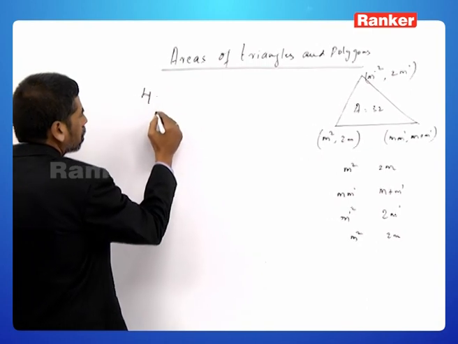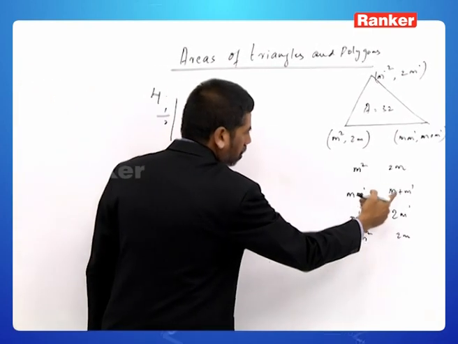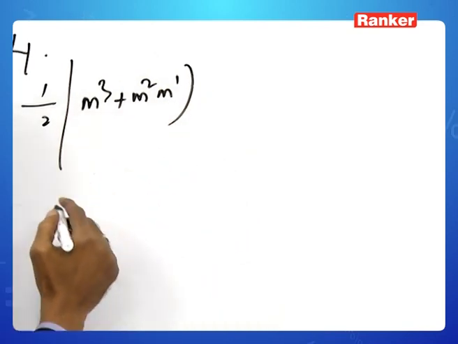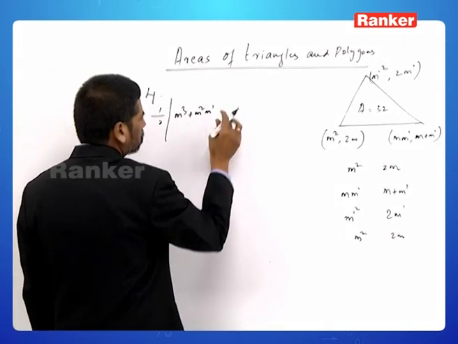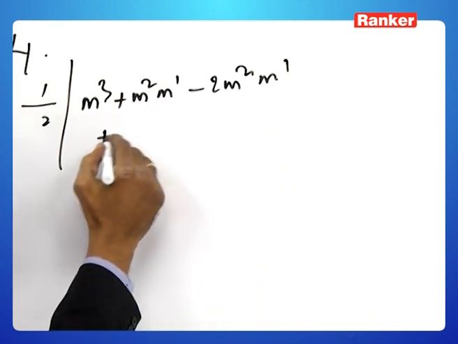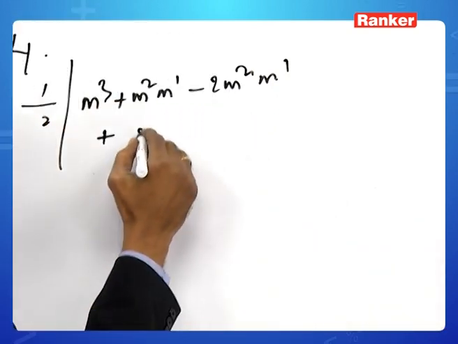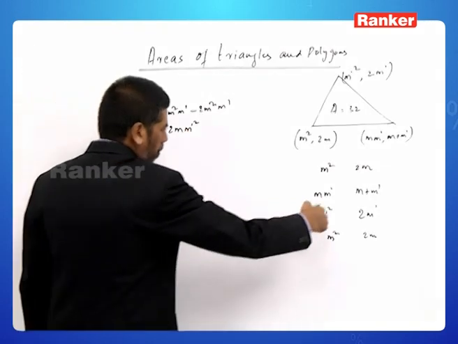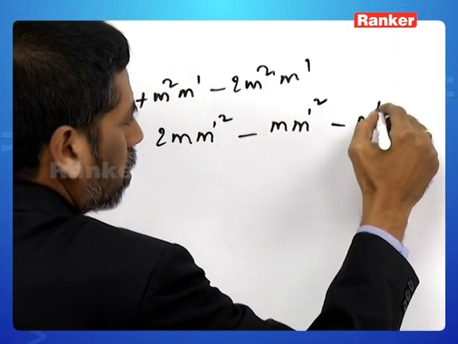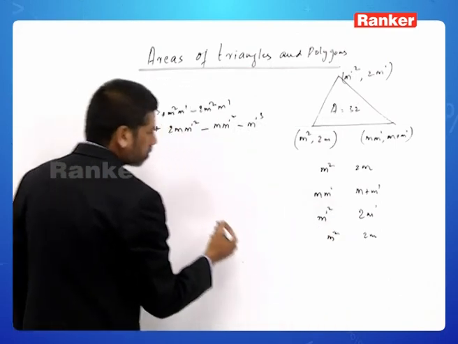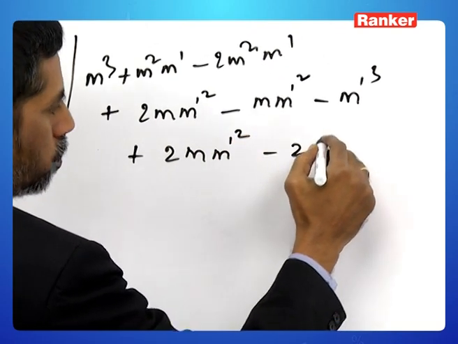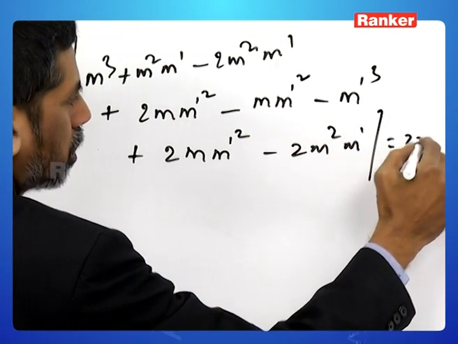So half mod of m cube plus m square m dash minus 2m square m dash plus 2m m dash squared minus m dash squared minus m dash cubed plus 2m dash squared minus 2m square m dash equal to 32.